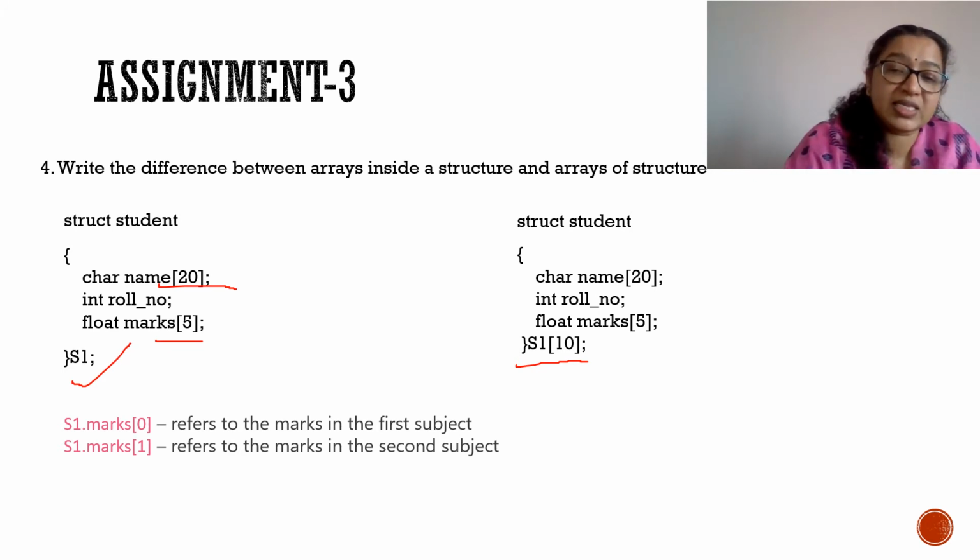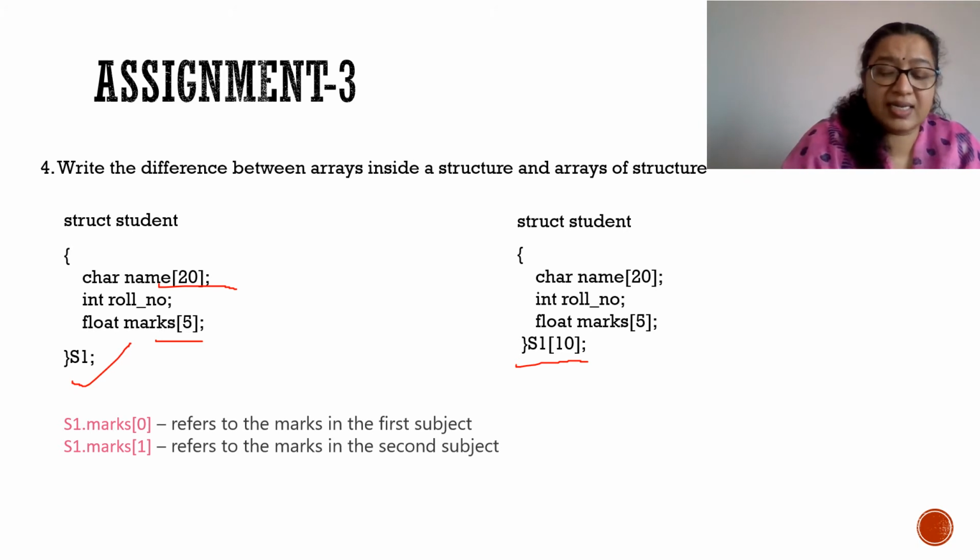Similarly S1 dot marks of 1 for the second subject, then S1 dot marks of 2, marks of 3, marks of 4. This is the way of assigning, inputting or displaying. We refer through the variable name, dot, element name and index number. So that is arrays inside a structure.